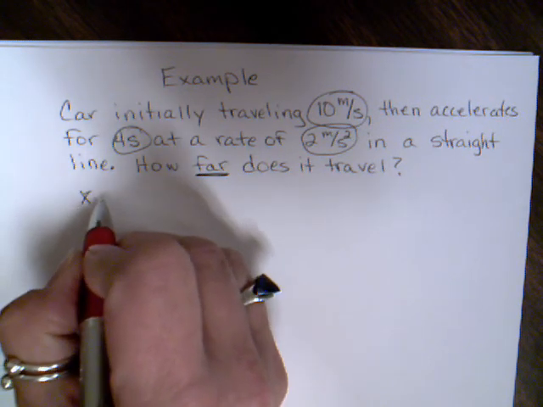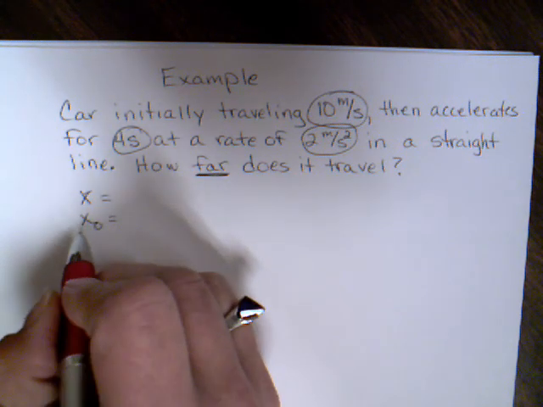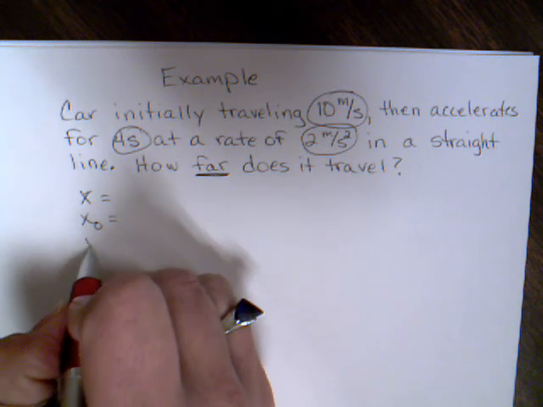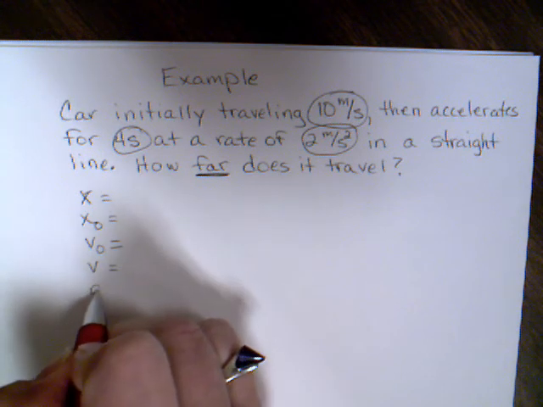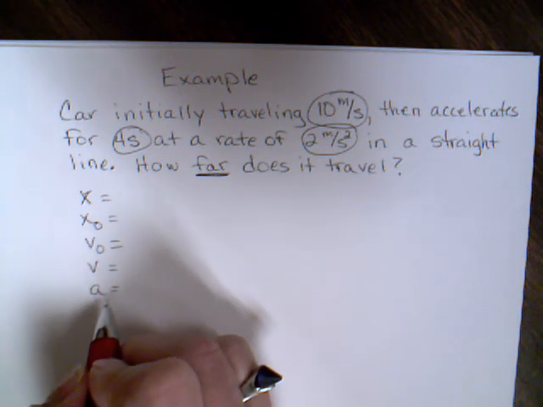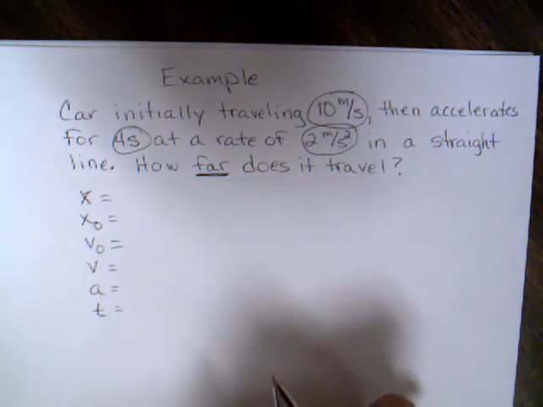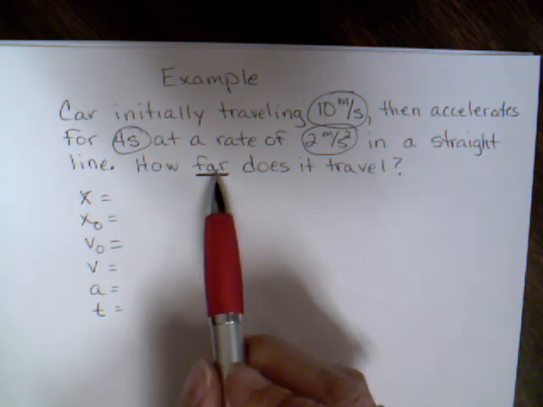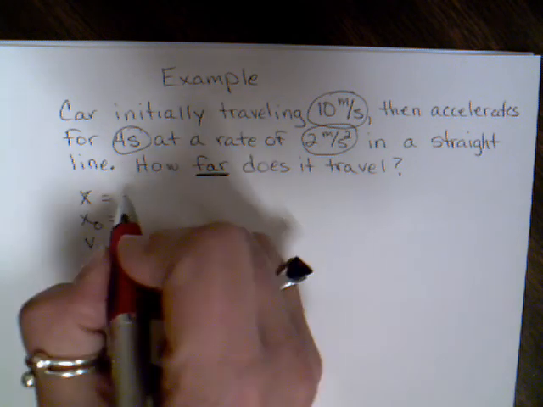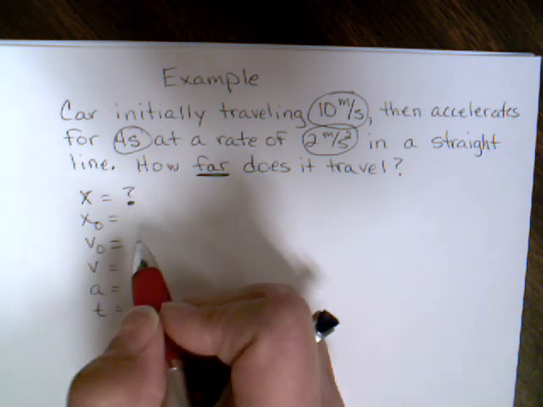So I have my final x, my initial x, my initial v, my final v, my acceleration, and my time. I think that's all of them. And then I fill in what I know. I'm looking for how far it travels, so I'm looking for my final x, my final position.